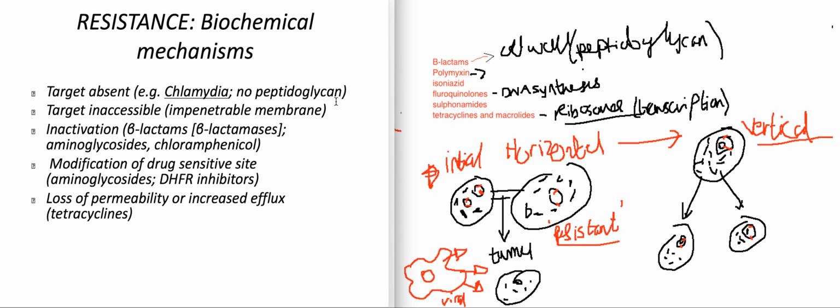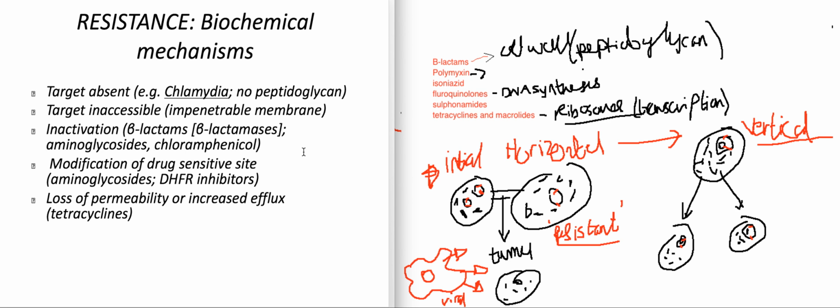If there's no peptidoglycan, where do these beta-lactam antibiotics act? Because they act on peptidoglycan, right? So clearly it makes that whole class of antibiotic completely ineffective. Now, target inaccessible is things like gram-negative bacteria, which usually have a very thick outer membrane, which means that drugs cannot easily enter it.